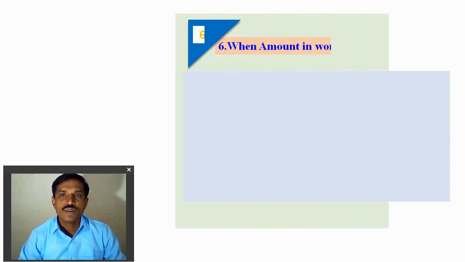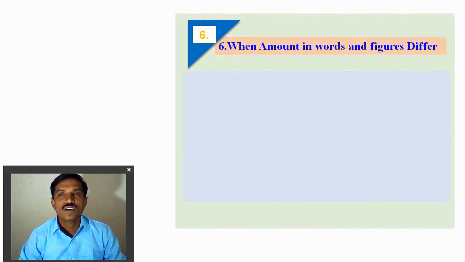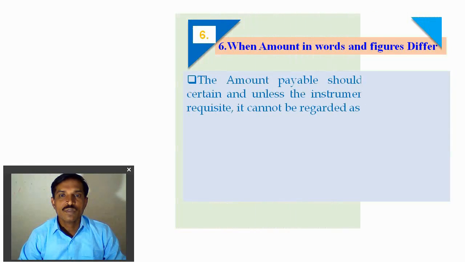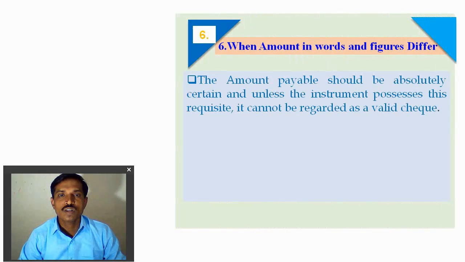The next thing is when the amount in words and figures differs. The amount payable should be absolutely certain. Unless the instrument possesses this requisite, it cannot be regarded as a valid check.